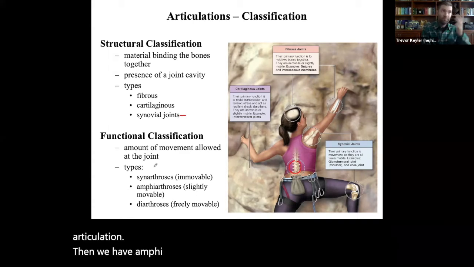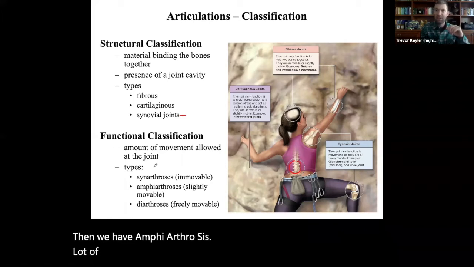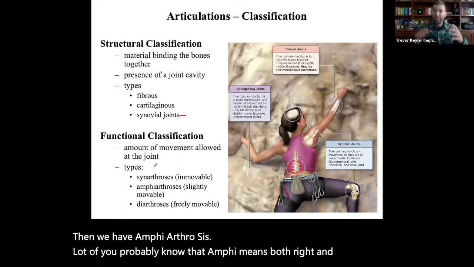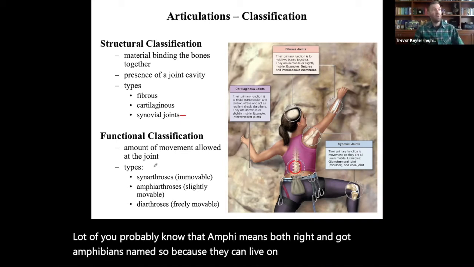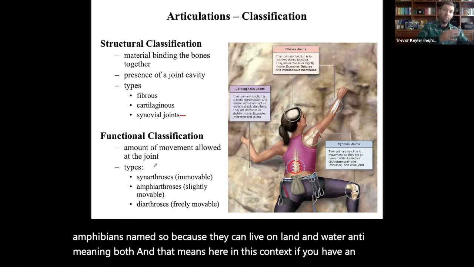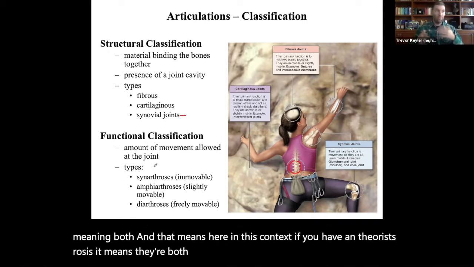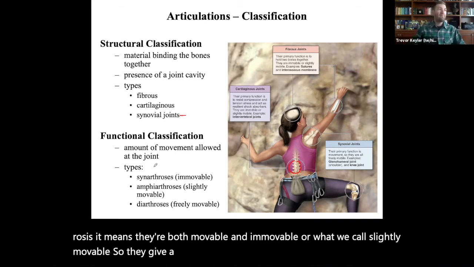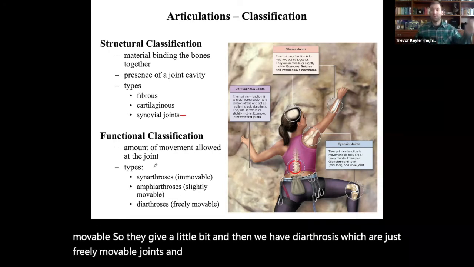A lot of you probably know that amphi means both, right? You've got amphibians, named so because they can live on land and water. Amphi meaning both. And that means here, in this context, if you have amphiarthrosis, it means they're both movable and immovable, or what we call slightly movable. So they give a little bit. And then we have diarthroses, which are just freely movable joints. And again, those would be like our shoulders or our hips.